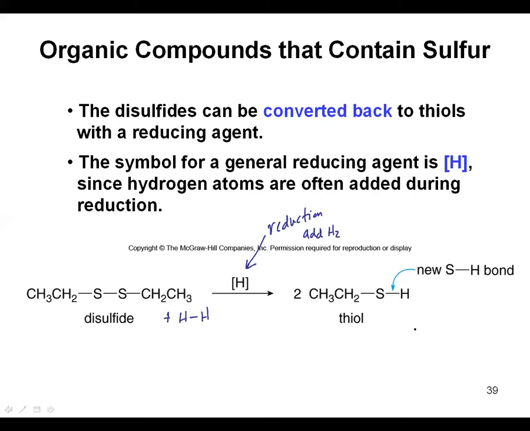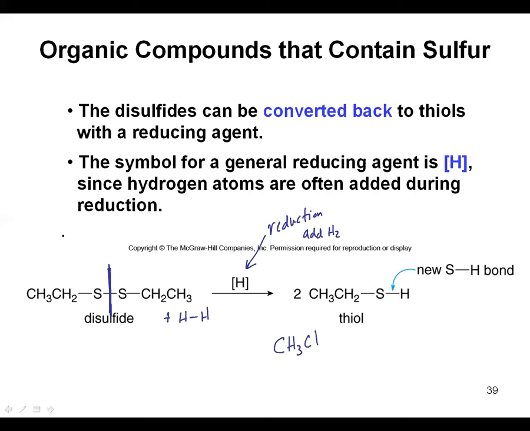It will always come apart between the two sulfurs, because when we put it together, we put the two sulfurs together. So if we're going to break it apart, we break it apart at the two sulfurs. One guy will get an H and the other guy will get an H. And again, nothing changes, so you just draw it exactly the way it looks.